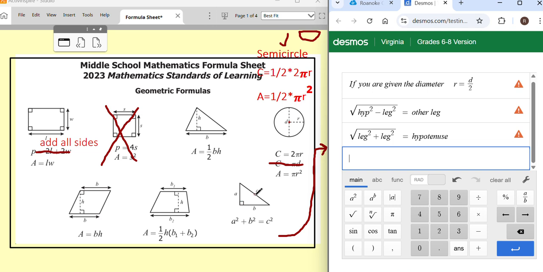And all the way across to C is the hypotenuse. Your hypotenuse will always be the longest. And when you do any kind of problem with a right triangle where they're finding side lengths, always check that before you go on. Is my hypotenuse the longest side? If not, go back and see what you may have done wrong.